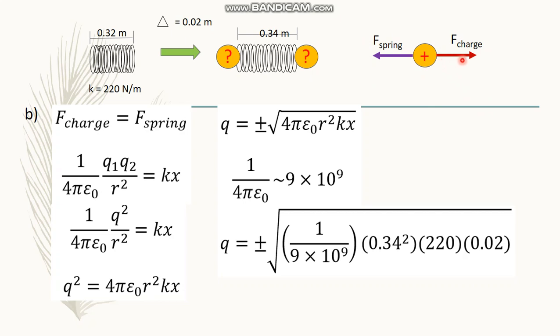Here we have F charge. This is the force created by the other charge. Since they have the same sign of charges, the force is directed away from the other object, because they tend to repel.